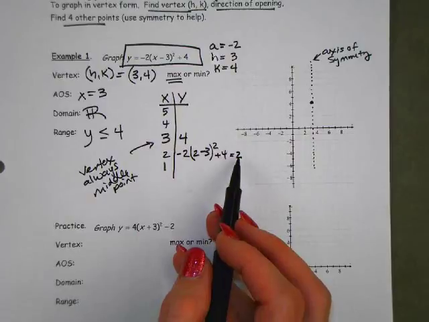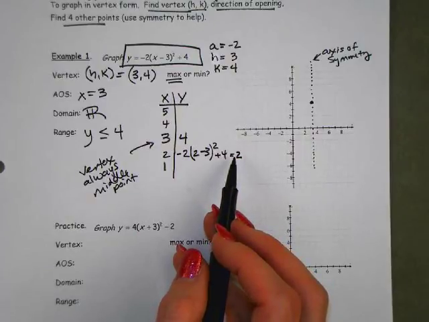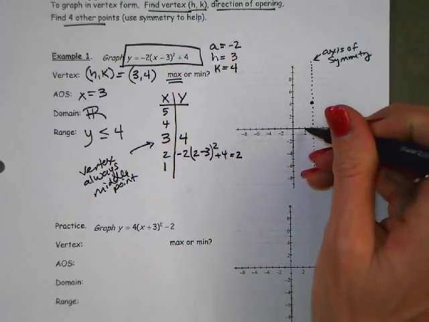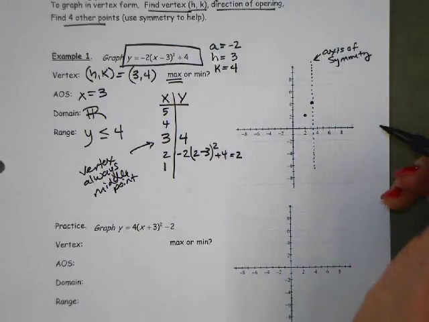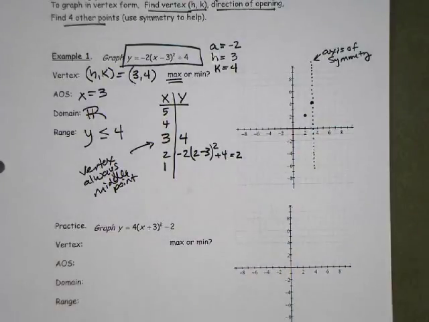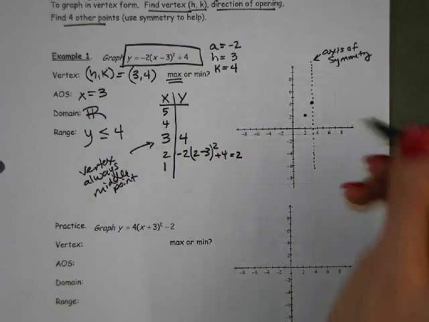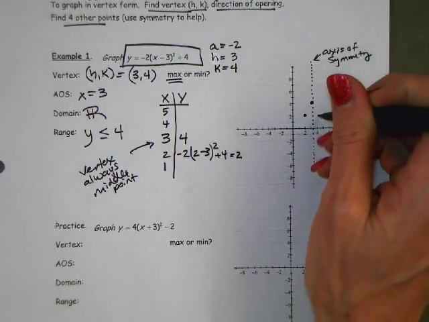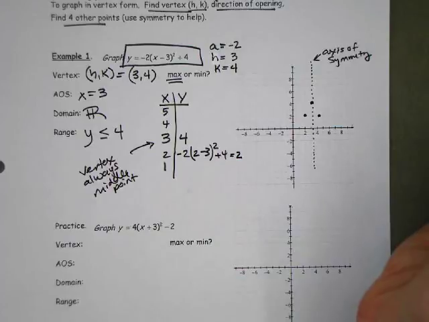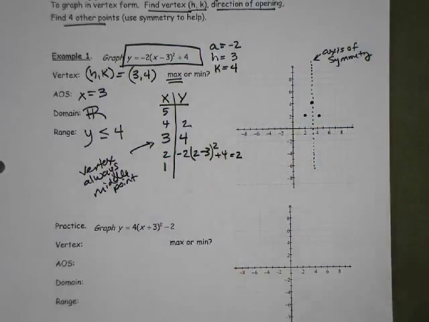Okay, so I have a point of 2, 2. So I can go here, 2 and 2. Well, what do I know about one side and the other side? It's the same, so 4 should be 2 as well.